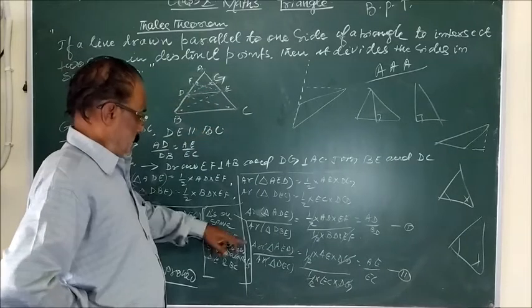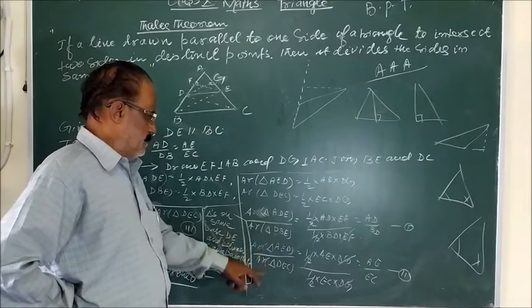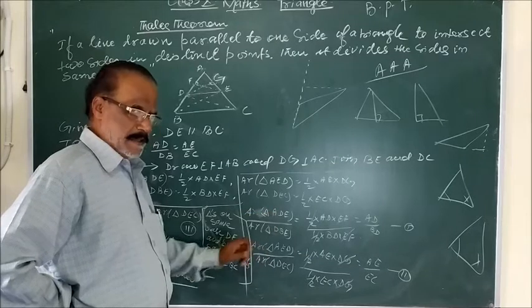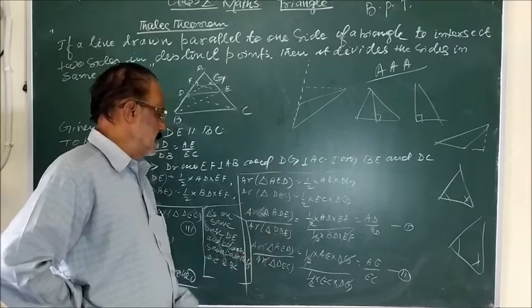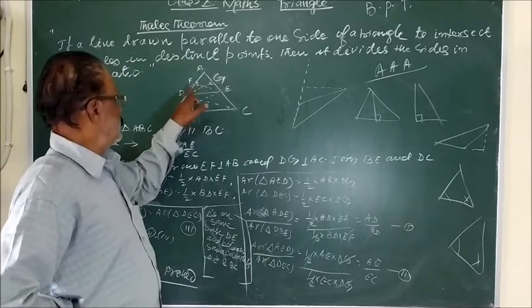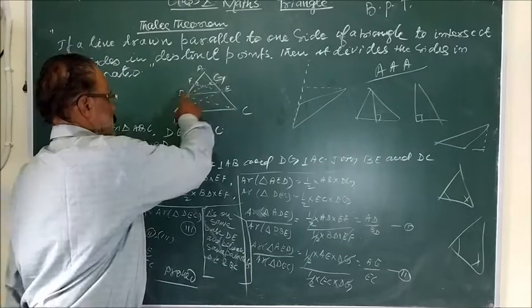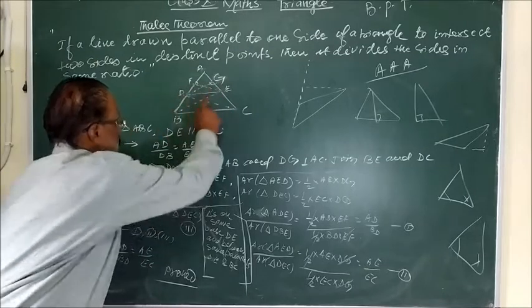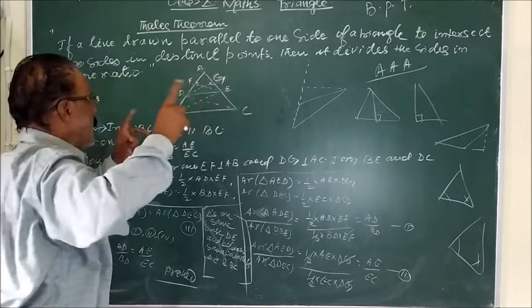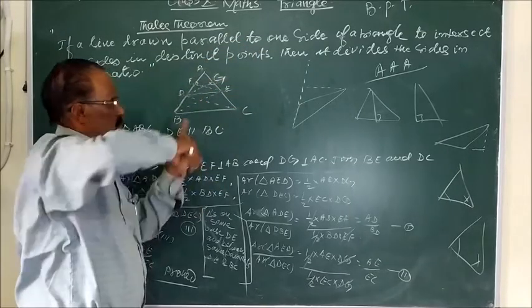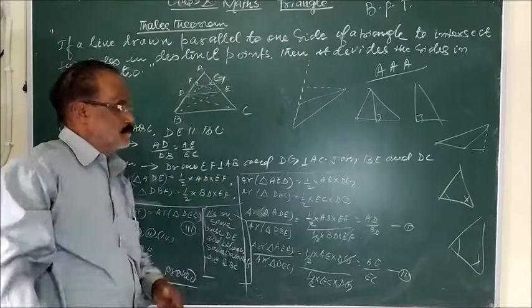And now you see the left side: the denominator triangle is the same. These two triangles, DBE in this figure and DEC, are on the same base. Which is the base? DE.